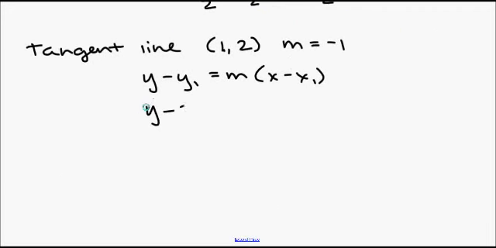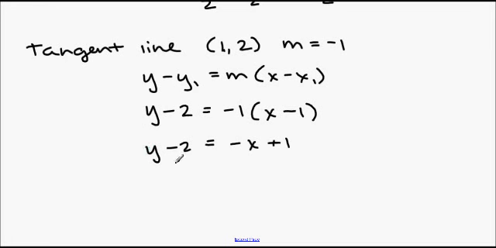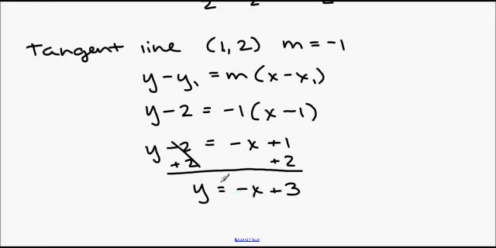So y minus 2 is -1 times x minus 1. Distribute this -1, so I get -x plus 1. And I'm going to add 2 to both sides to get y by itself. So y is negative x plus 3. And this is the equation of our tangent line at the point 1, 2.